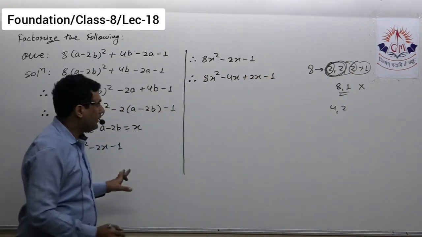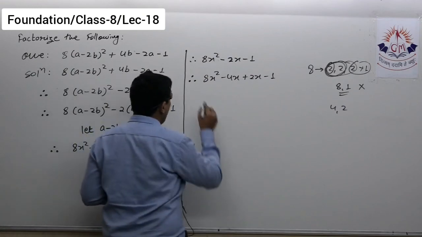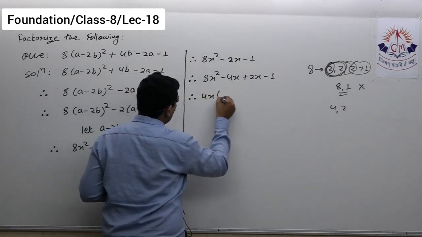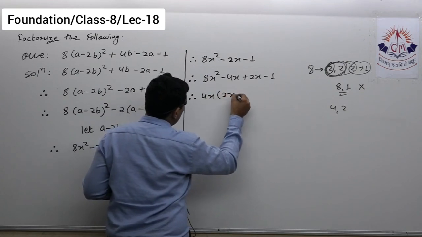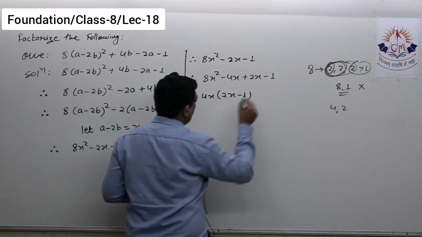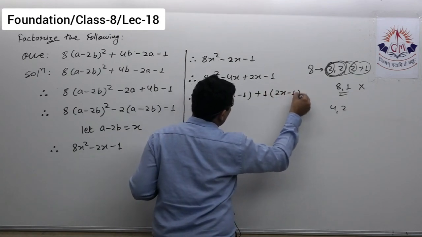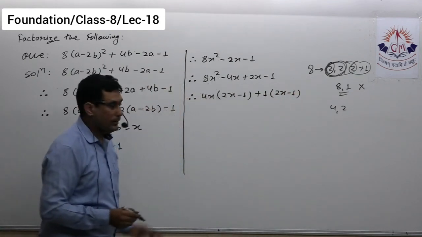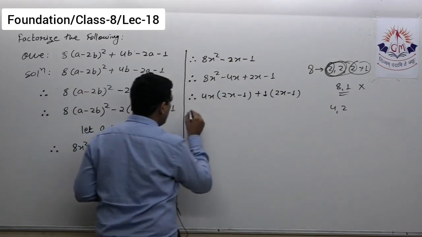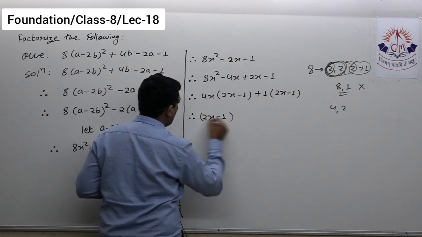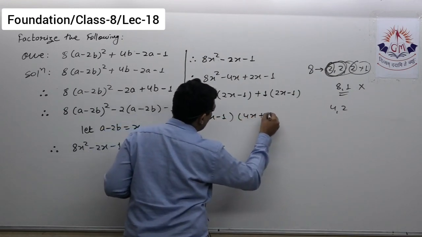From the first two I can take 4x common, so here I will get 2x minus 1. From the other two I can take 1 common, so 2x minus 1. Now if I take 2x minus 1 common, I am left with 4x plus 1.